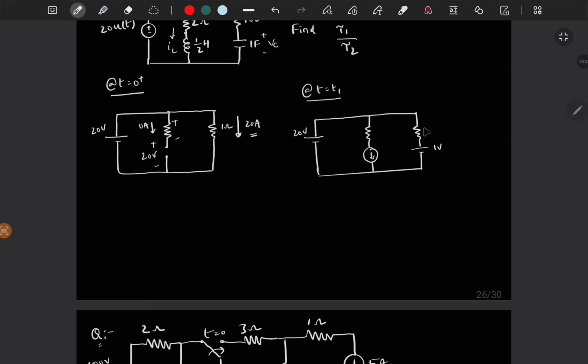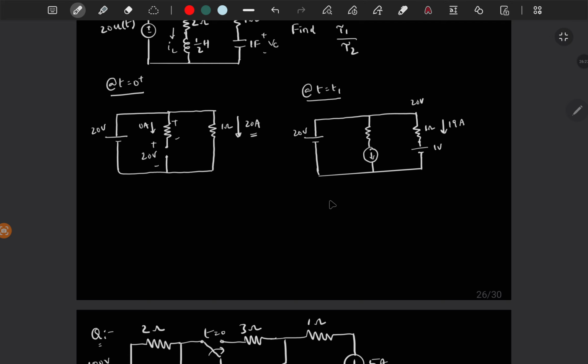Now depending on this voltage charged, which is 1 volt, and here it is 20 volt, there is some current flow of 19 amps now, right? So this 19 amps is still positive and it is flowing through the capacitor. So this will further charge, but compared to the previous one, this will slowly charge.